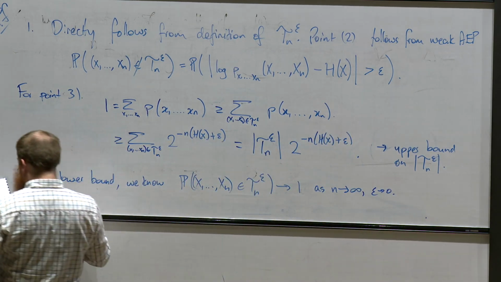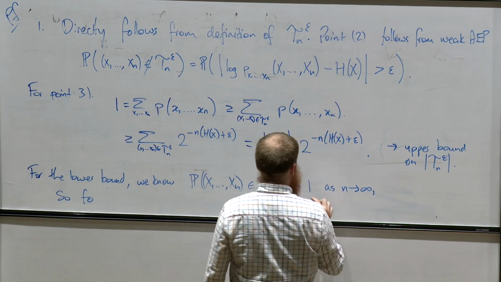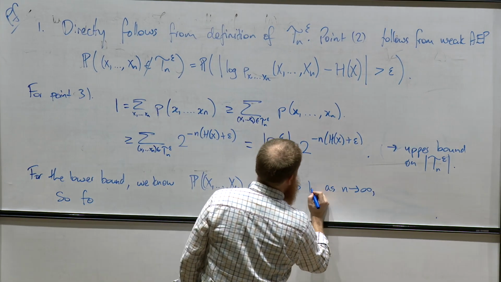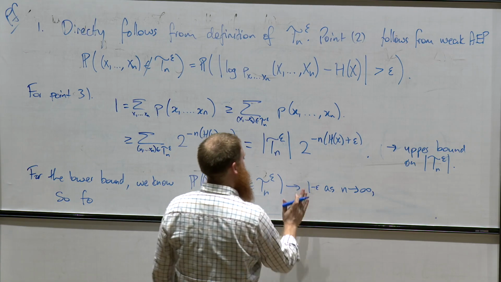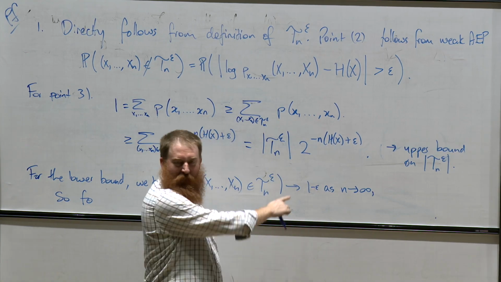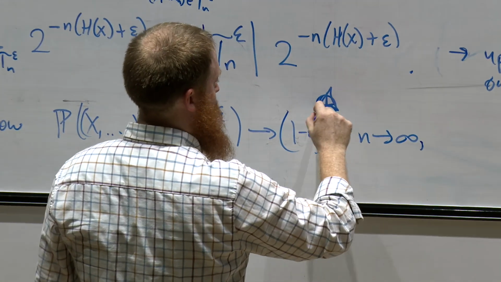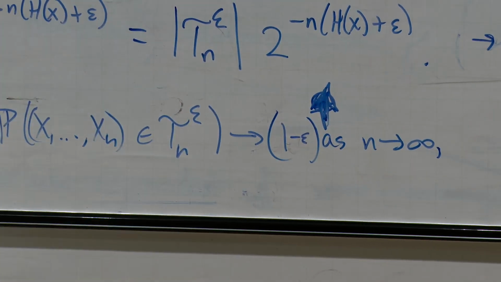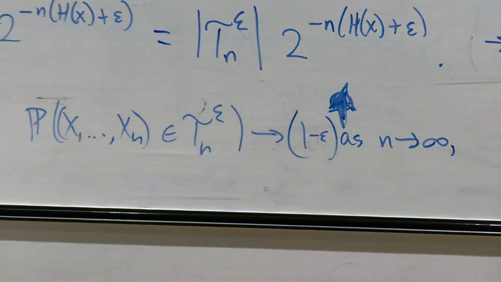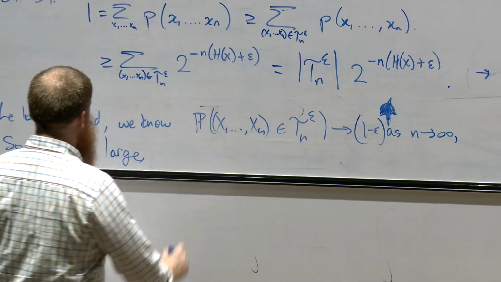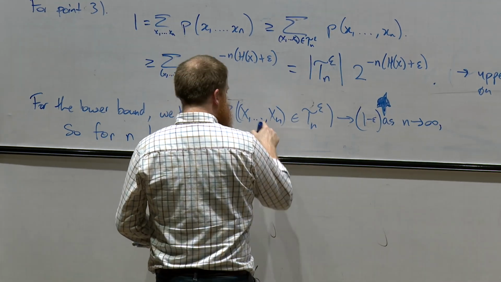Or better yet, let's not do this. Let's go, it goes to something above 1 minus epsilon. I don't know how to write that. Something bigger than this. Bigger than that. Okay, so for n large, we know that 1 minus epsilon has to be less than or equal to this probability.